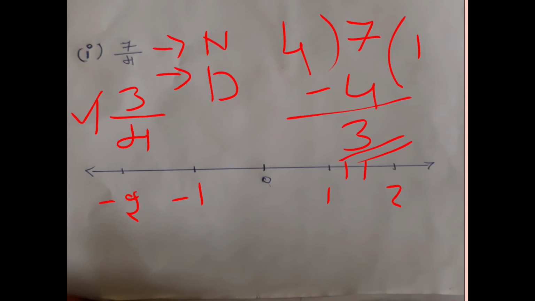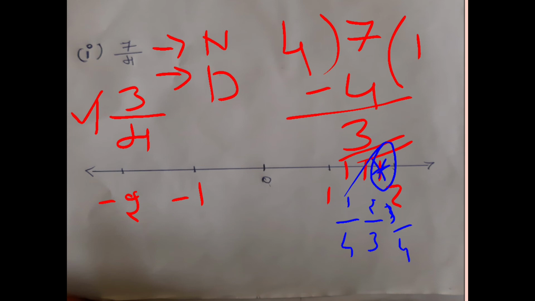So the first equal part I will consider as 1 by 4, second one 2 by 4, third one 3 by 4. So after 1 we want 3 by 4. Here we will mark, and this point we are going to round up as 7 by 4.